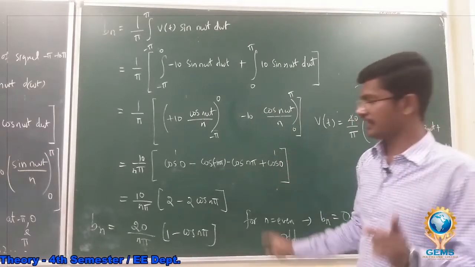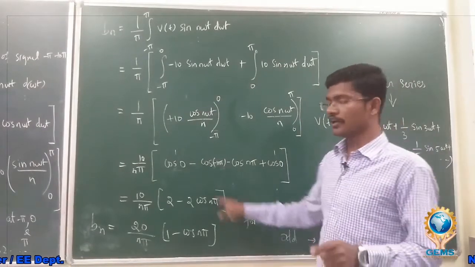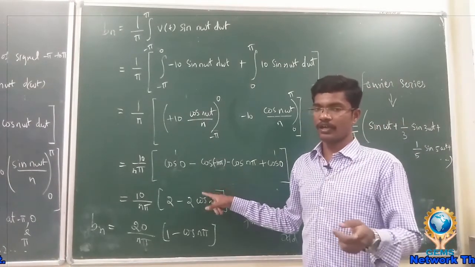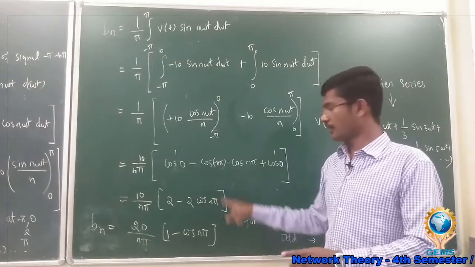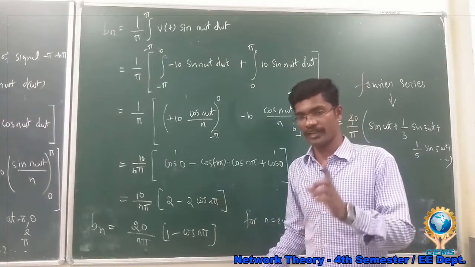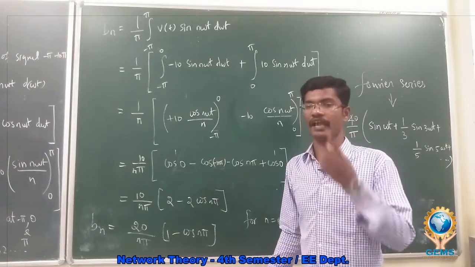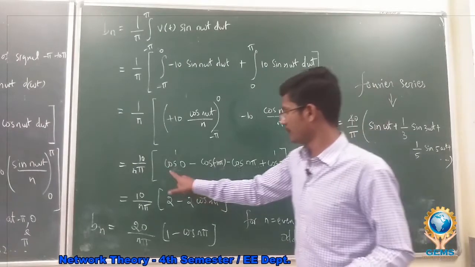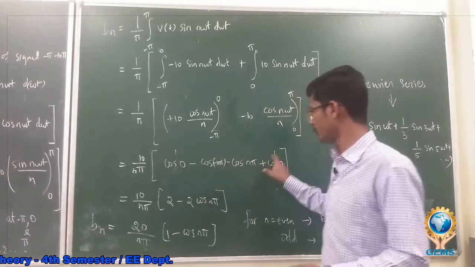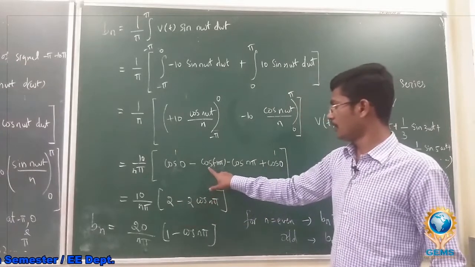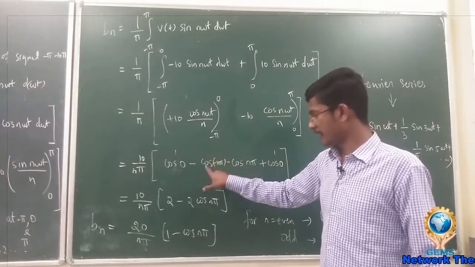We should know one thing here: cos 0 value is 1, and cos n pi value is 1 for even numbers, and cos n pi value is minus 1 for odd numbers. So if you apply here cos 0 as 1, then 1 plus 1 equals 2. Now cos of minus n pi equals cos n pi only.